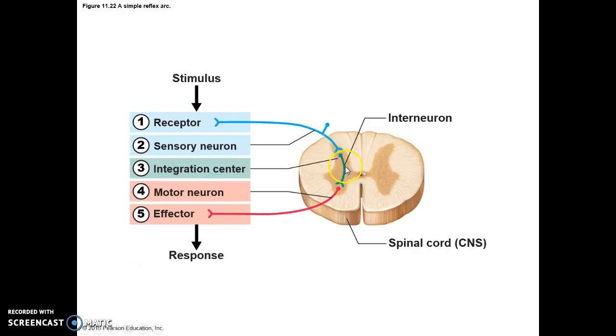Then this communicates with an interneuron, which integrates and processes the information, and then it will send out an impulse, in this case exiting out of the spinal cord to an effector organ, let's say a skeletal muscle. This comes out via the ventral root. You don't see it here, but this is a culmination of a group of sensory neurons called the dorsal root and motor neurons, which would be the ventral root.